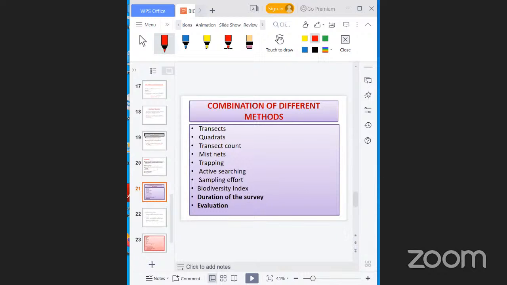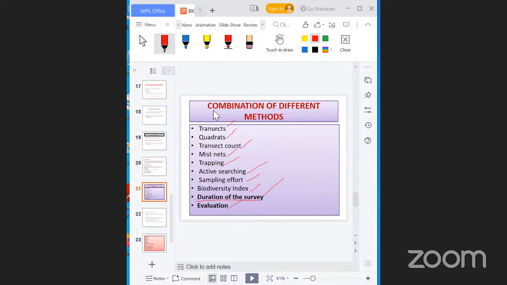Next, a combination of different methods is also being used, for example, transects, quadrats, transit counts, mist nets, trapping, active searching, sampling efforts, biodiversity index, and duration of the survey and evaluation, right?